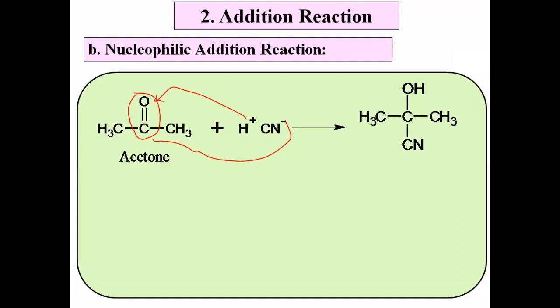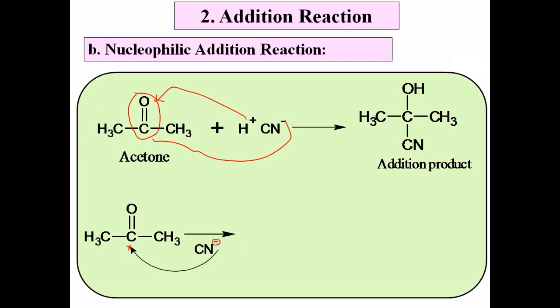But let us see the mechanism of this reaction. This is an example of addition, no doubt, but let us see the mechanism. This is our starting molecule, the ketone acetone, CH3, C double bond O, CH3. Here the carbonyl carbon is electron deficient. Therefore, in the first step, CN minus, the nucleophile, attacks the carbonyl carbon.